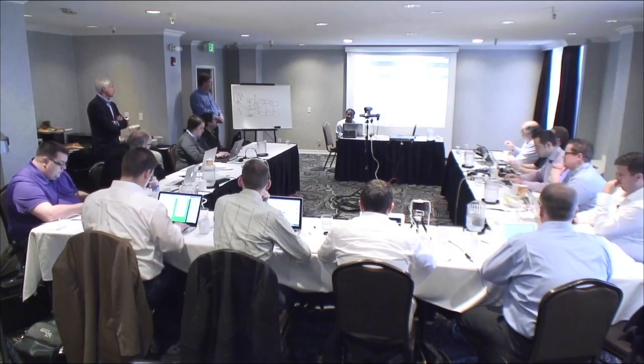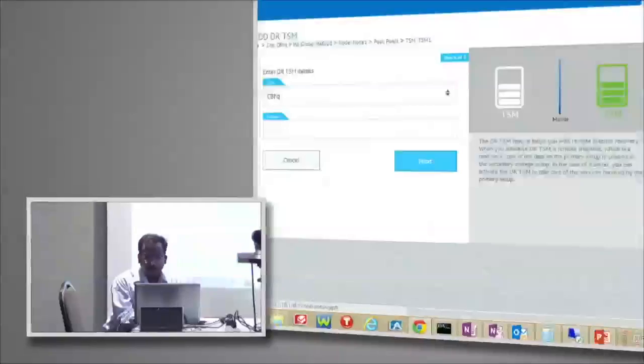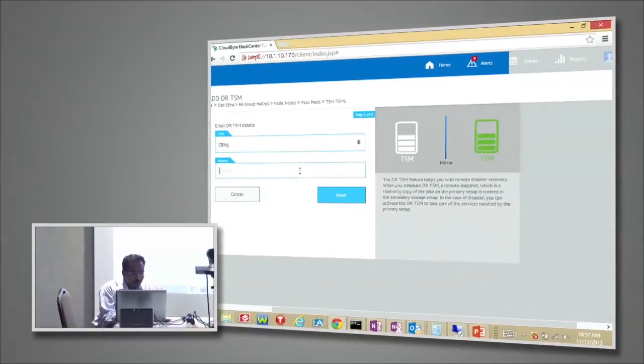Okay, so that completes the end of the demo. How do you initiate replication of the data across geos and stuff like that? If you wanted to support true disaster recovery, you'd have to have the data at the other location. No, this is where you create a disaster recovery TSM and you schedule it in a different site.